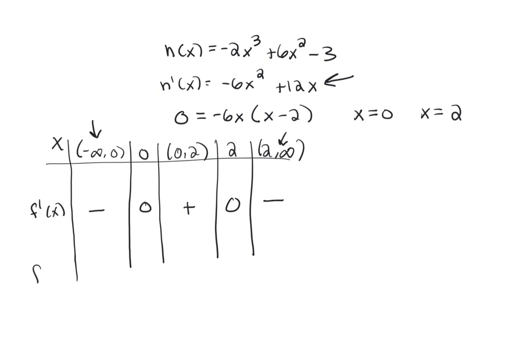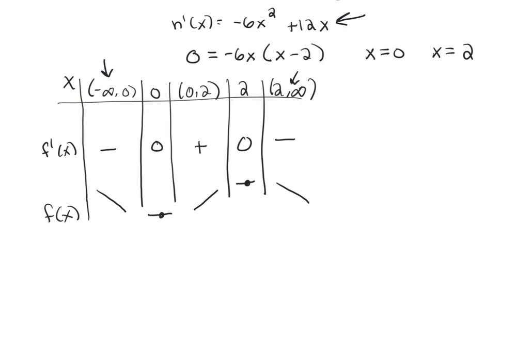Okay, so let's sketch f of x. I've got decreasing, 0, increasing, 0, decreasing. So for this one I have a min and a max. So this was h of x. I guess these should have been h prime and h.